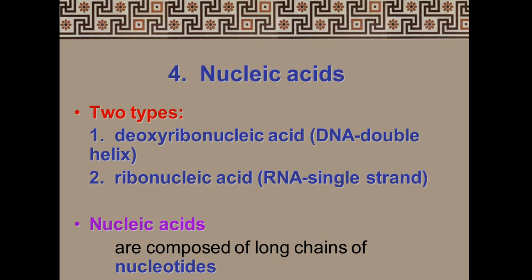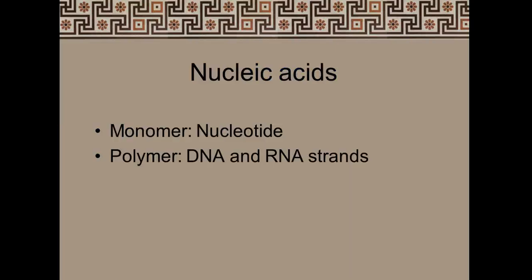We have deoxyribonucleic acid, which is DNA, and then we have ribonucleic acid, RNA. Nucleic acids are composed of long chains of nucleotides. So, since they're composed of these long chains of nucleotides, it would make sense that nucleic acids are made up of nucleotides. That's their monomer. And their polymer is DNA and RNA strands.